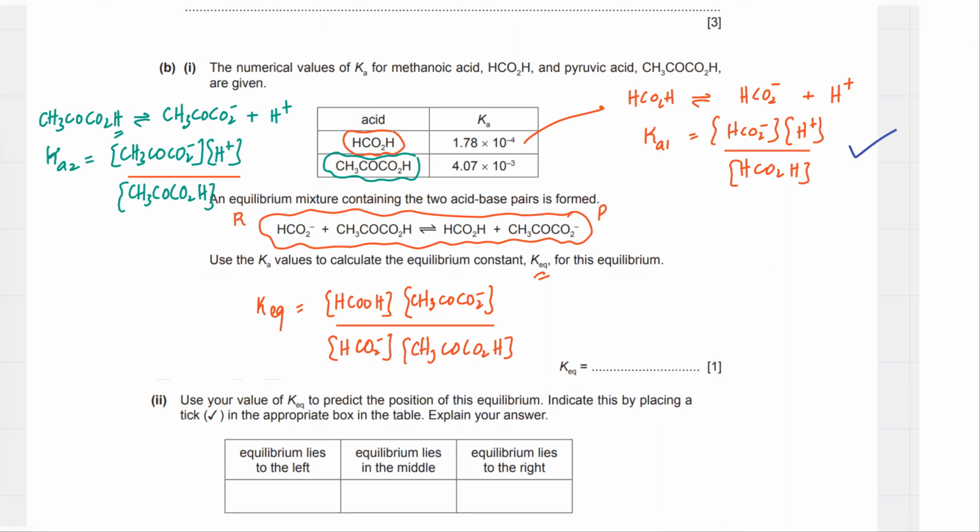So you've gotten these two expressions, Ka1 and Ka2, and you have the values as well. They've quoted the values. Can anyone tell me how you would find the equilibrium constant given here, this expression? You know both the values of Ka1 and Ka2.